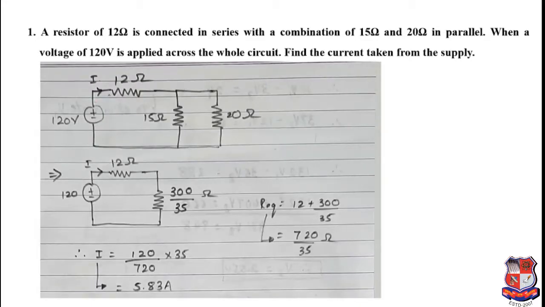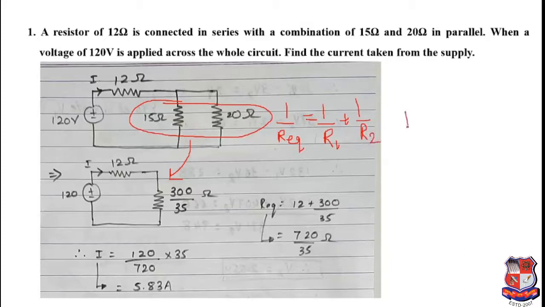120 volt is connected in series with 12 ohms, which is connected with the parallel combination of 15 ohm and 20 ohm. These 15 ohm and 20 ohm are in parallel, so the equivalent will be 300 by 35. It is obtained by the equation 1 upon R equivalent equals 1 upon R1 plus 1 upon R2.